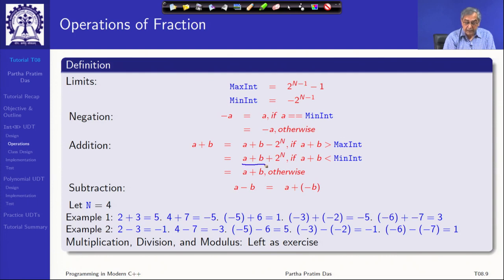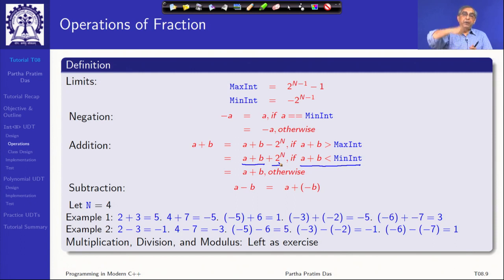Similarly, a and b could be negatives also. So, if your addition gives you a number which is less than min int in the actual algebra, then you will have to add 2 to the power n. Why? Because if you go below min int, you will wrap around and go up to max int, then keep coming down.